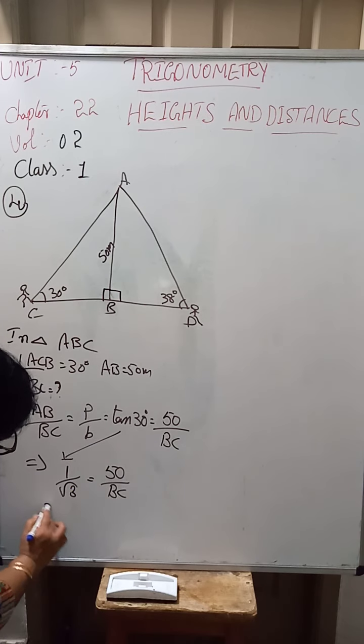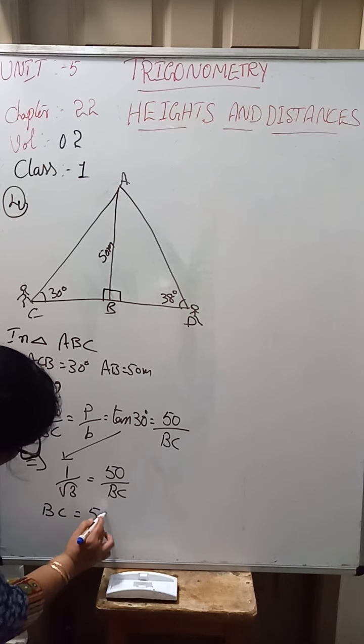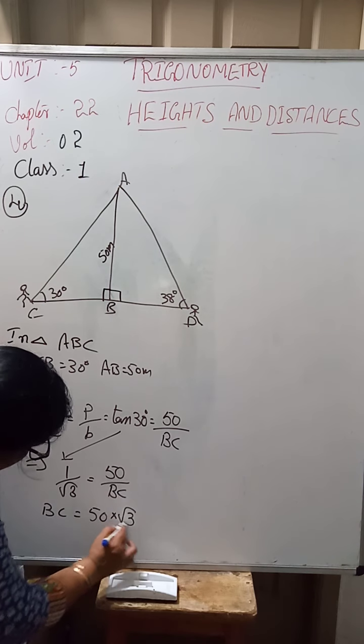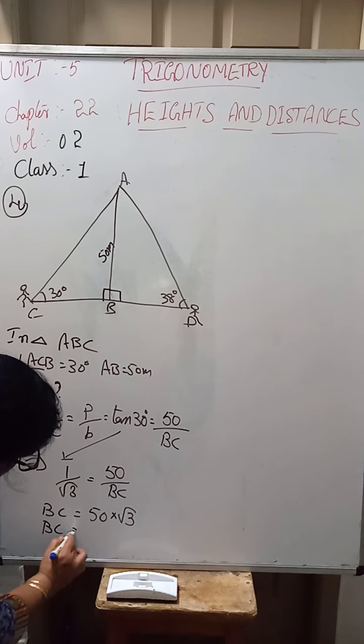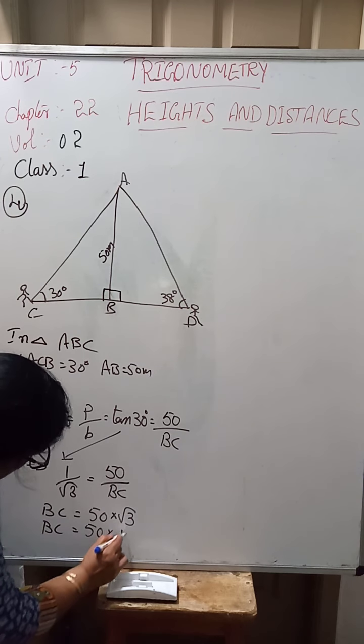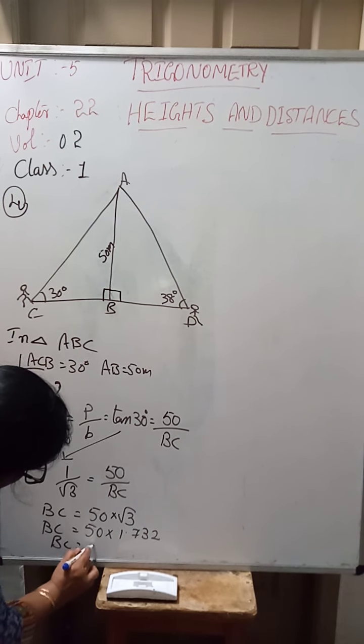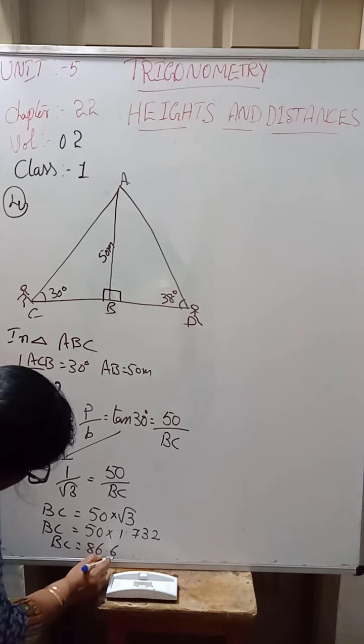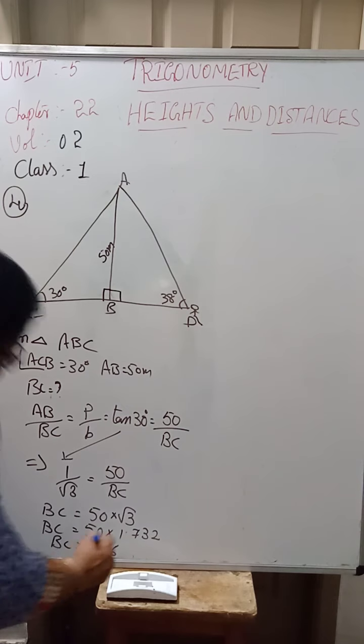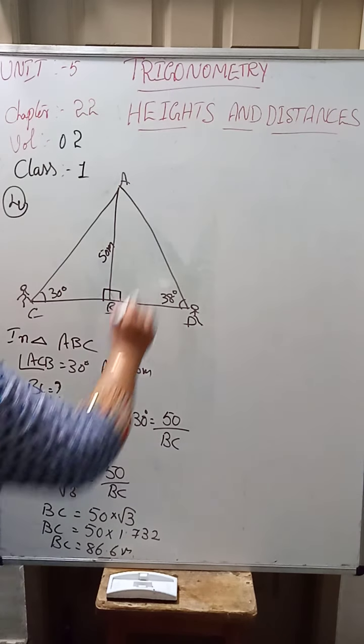Cross multiply. BC is equal to 50 into root 3. Now substitute the value. BC is equal to 50 into 1.732. When you multiply, you will get 86.6 meters. We have got BC.